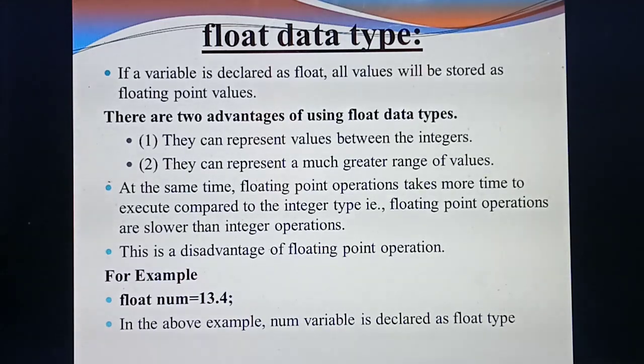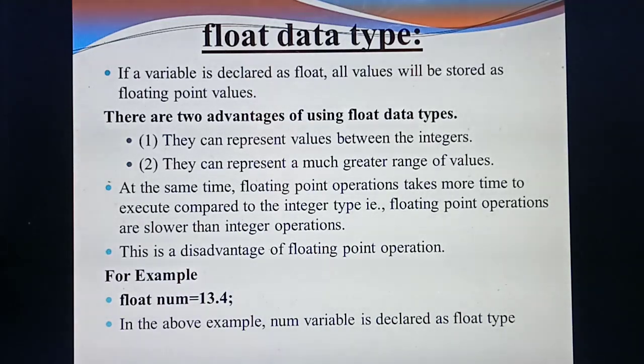If you need to represent some characters or words, like computer science or ABC, you should declare the character data type. Likewise, if you need to represent floating point values, what do you mean by floating point values? Floating point values are point numbers, for example 5.6, 5.7, 30.4, 100.6.